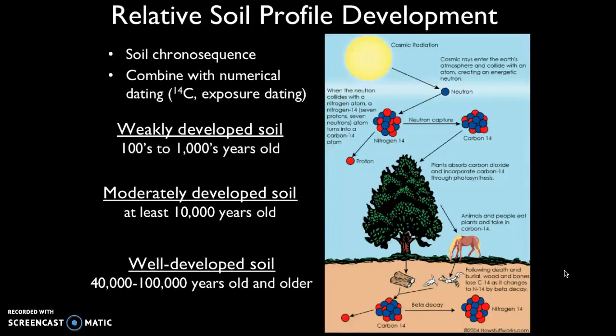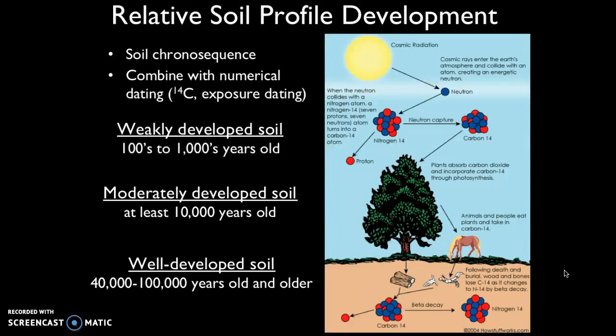Okay, so that's a weakly developed soil. A moderately developed soil is going to be at least 10,000 years. And then a very well-developed soil is going to have lived basically for somewhere between 40,000 years and 100,000 years or more.